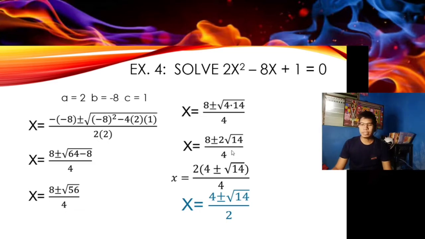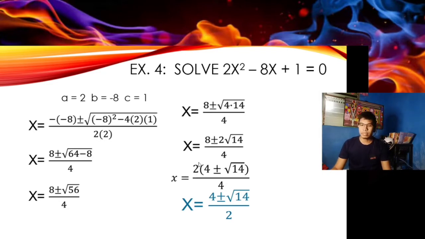And then we can accept this answer, but we can still simplify this by factoring out 2 from the numerator. We have 2 quantity 4 plus and minus this time square root of 14 quantity, because we factor out 2, all over 4. And then we can simplify the 2 outside on the numerator and the denominator, which is 4.